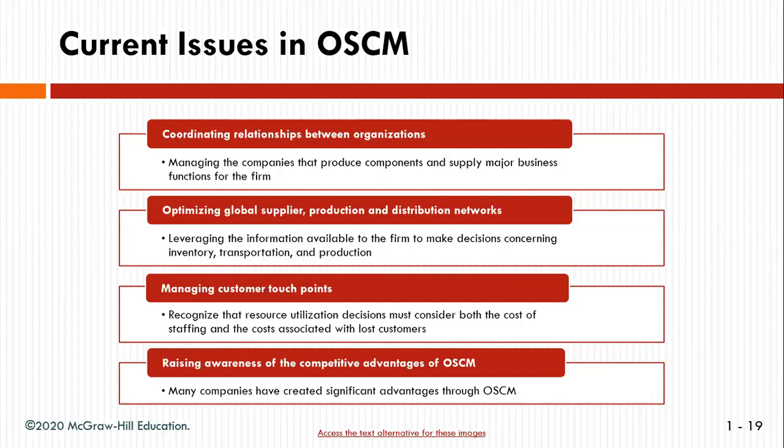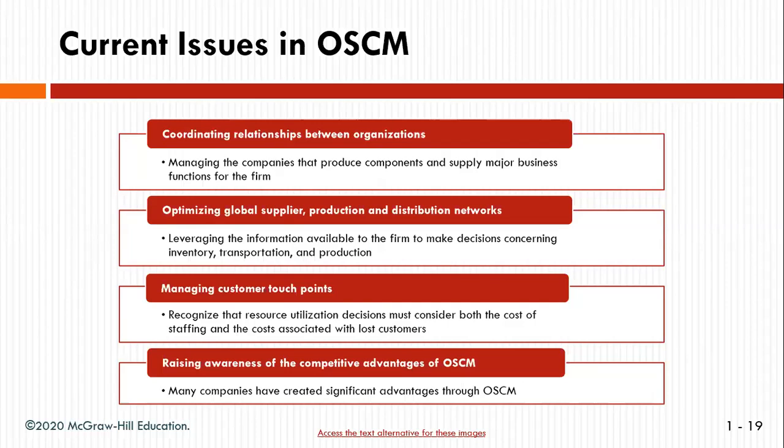Managing the customer touch point, recognizing that the resource utilization decision must consider both the cost of staffing and the cost associated with a lost customer. And we spoke about the supermarket. You have tellers, or in a bank, you don't want to stay in a big lineup, because that sounds less effective, but you need to be efficient.